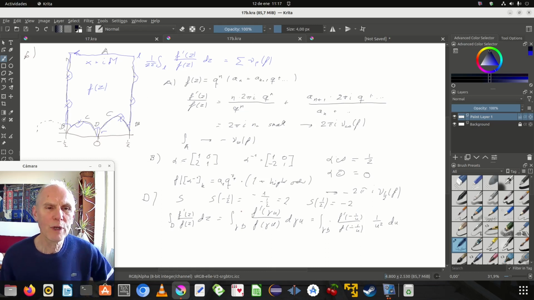So the only thing we miss is actually computing this integral correctly.